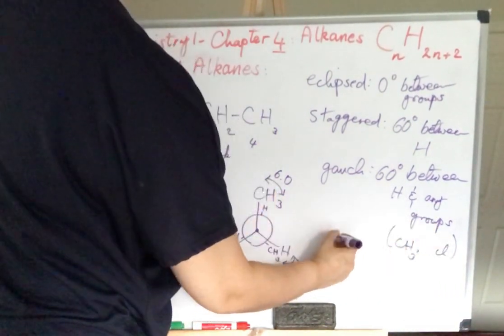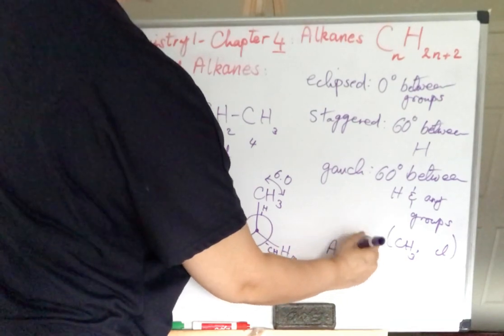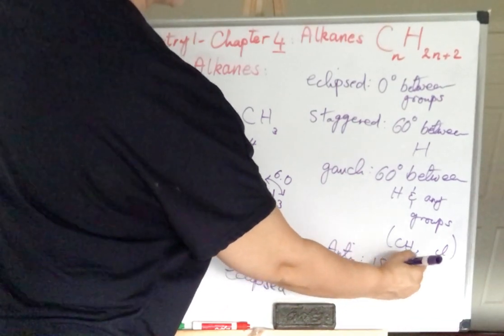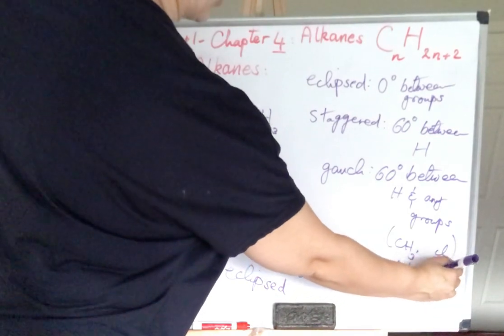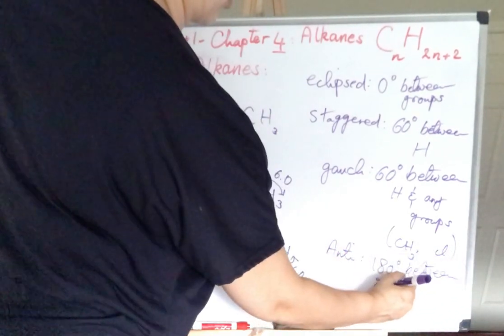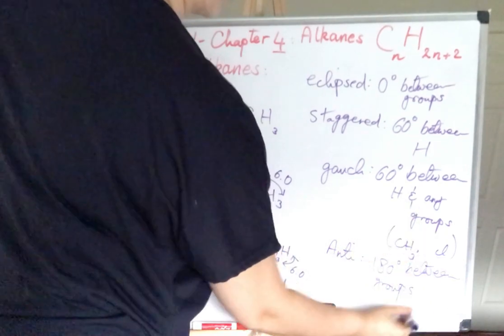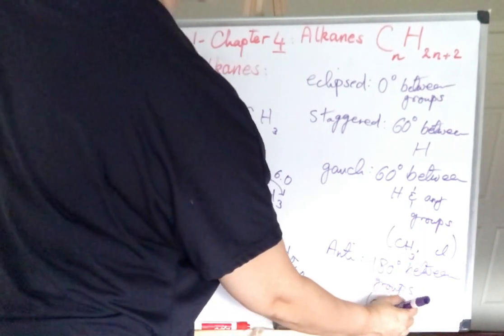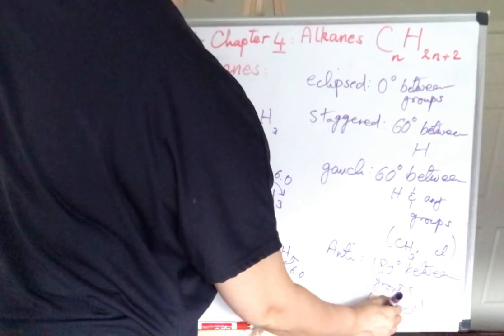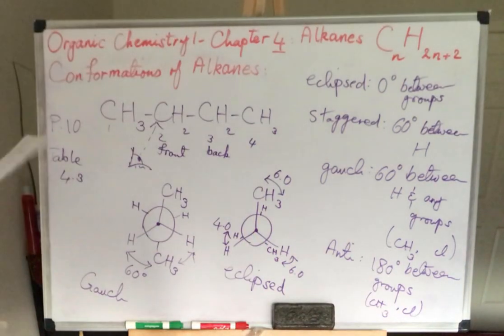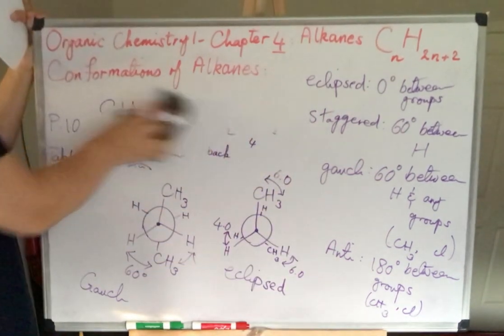And anti, when you have 180 degrees between groups like CH3 and Cl. So by increasing the number of atoms, you have more names to be worried about. Okay, not bad. Let's work on page 14, because you just need to play with different compounds.